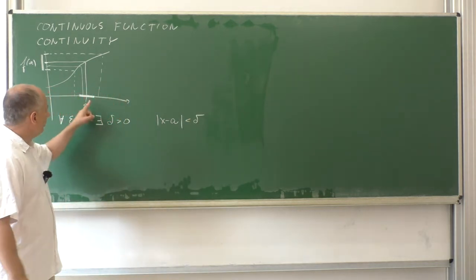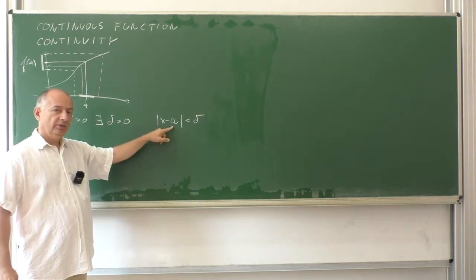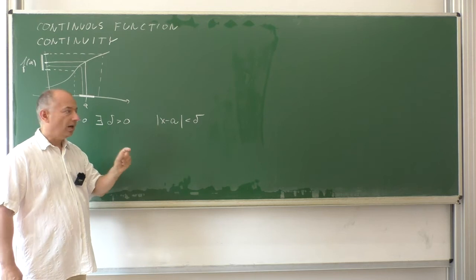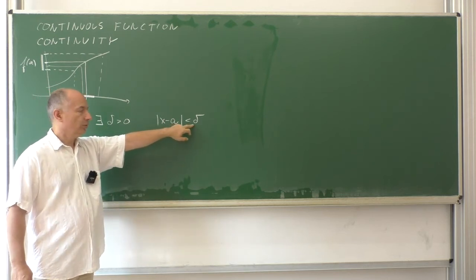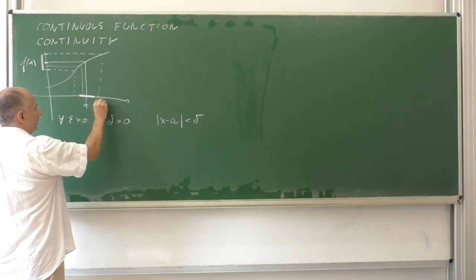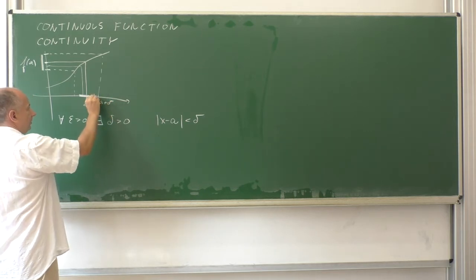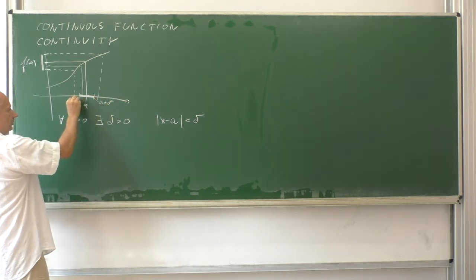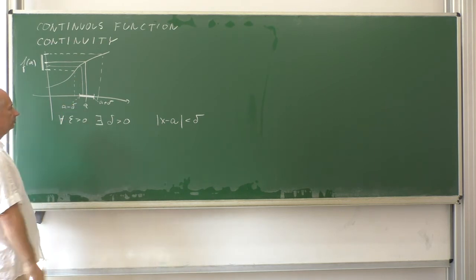And the points may be on the right or on the left of a, so the difference may be positive or negative, but not too large. That means we take the absolute value, and this difference should be less than delta. That means if we have here the value a plus delta, this is the value a plus delta, and this is the value a minus delta.